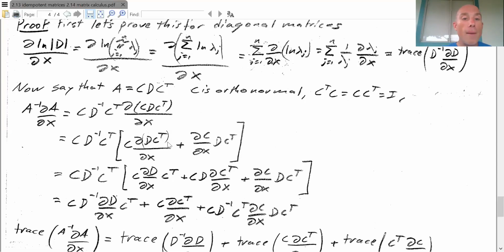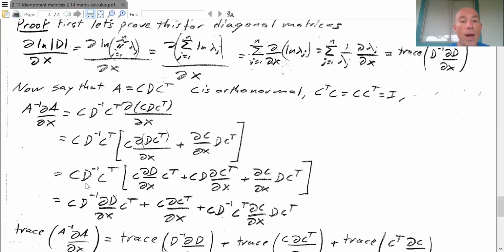If I apply that whole product rule, I plug and chug it all the way through, I can see that the product rule is going to give me something like this. Now remember, order matters when I deal with matrix multiplication, so I have to preserve this order as is. Now, what I've got here, I've got C, D inverse, C transpose.